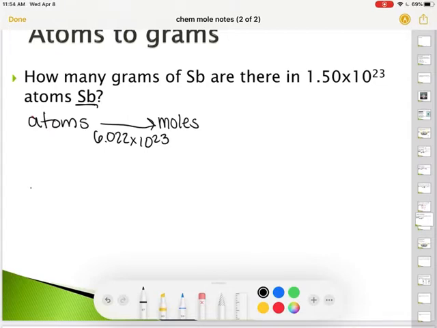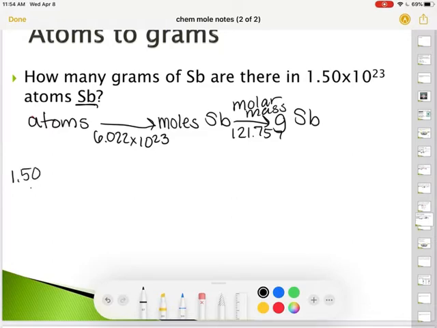And then I know if I have moles of Sb, I can get to grams of Sb by using the molar mass. Okay, and the molar mass of Sb is 121.757. So let's start with what we're given. We have 1.50 times 10 to the 23 atoms of antimony.